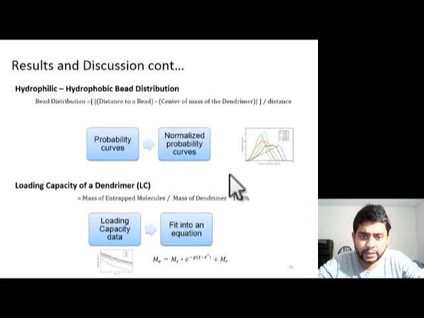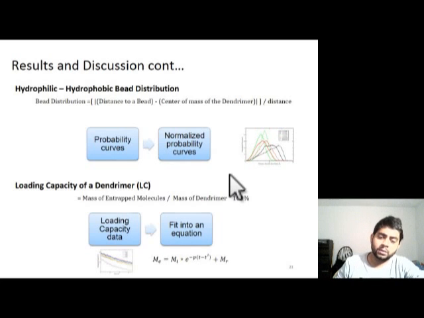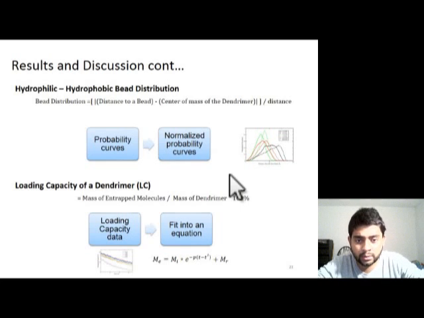In the hydrophilic and hydrophobic bead distribution, we plot the probability curve and compare different systems to understand how the dendrimer behaves in each system. For loading capacity, we got the data and fit it into an equation and compared them to find out which generation is the highest, which dendrimer has the highest ability to capture the most molecules.